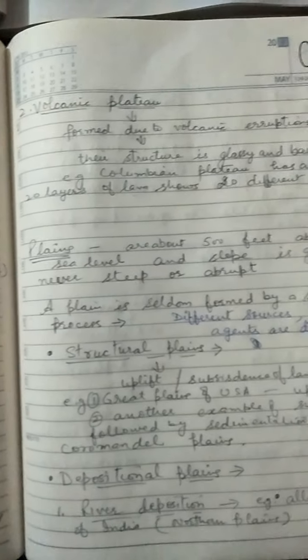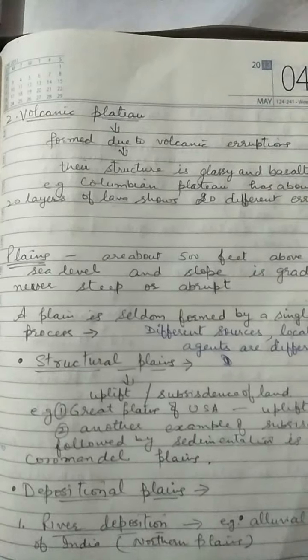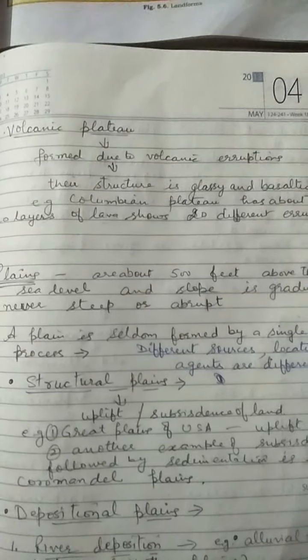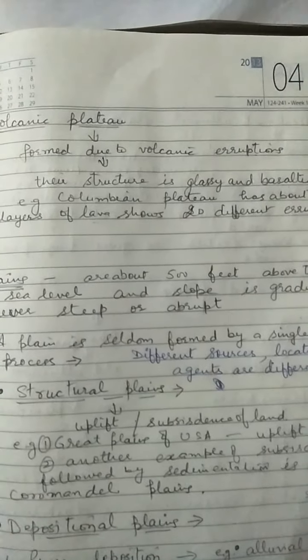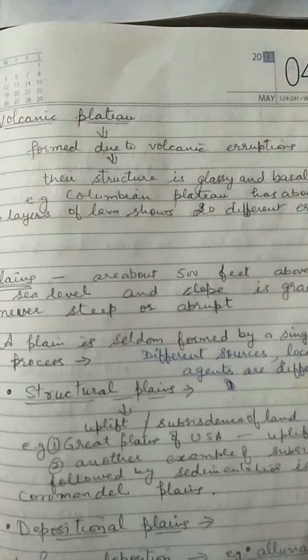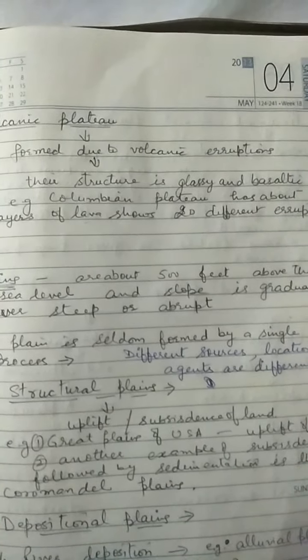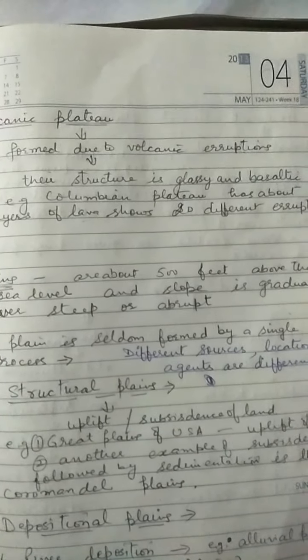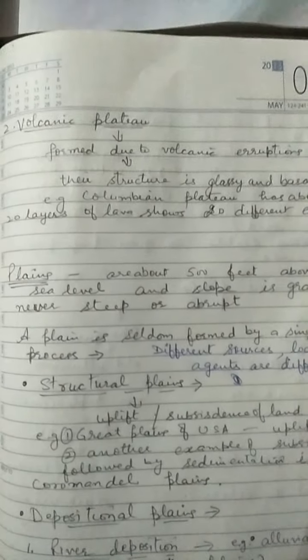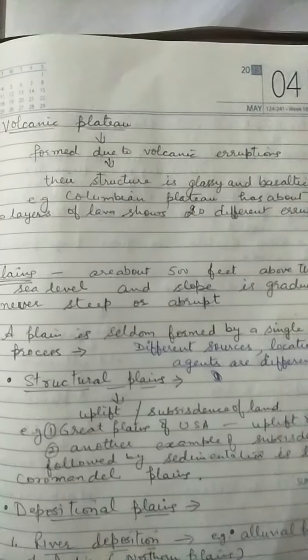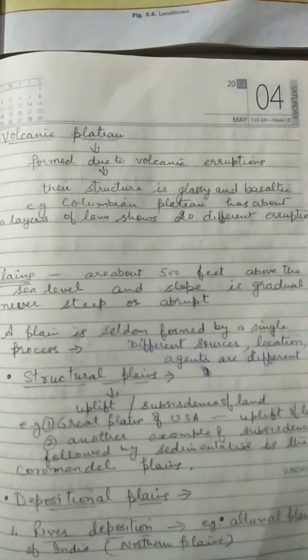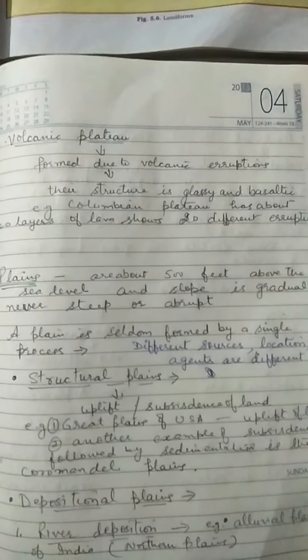Next, landform plains. Now, what are plains? A plain is defined as an extensive area of lowland with a leveled or gently undulating surface. These are about 500 feet above the sea level, and the slope is gradual.